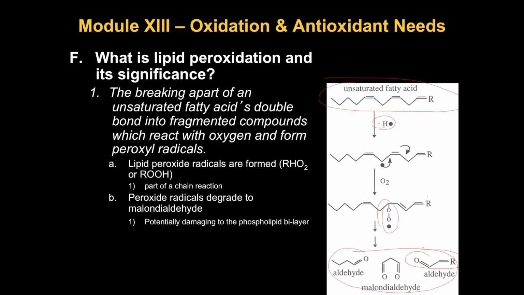So just by having the phospholipid bilayer around and having those unsaturated fatty acids, those polyunsaturated fatty acids available, they are susceptible to free radical production and damage, and thus will further the increase in free radicals available.